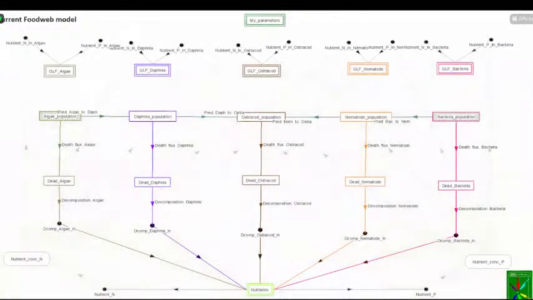So this is my current food web model, and don't panic, I will walk you guys through it. As you can see, we have the different species, all in different colors. Sorry for people who are colorblind. And we have these dotted lines that are an influence.